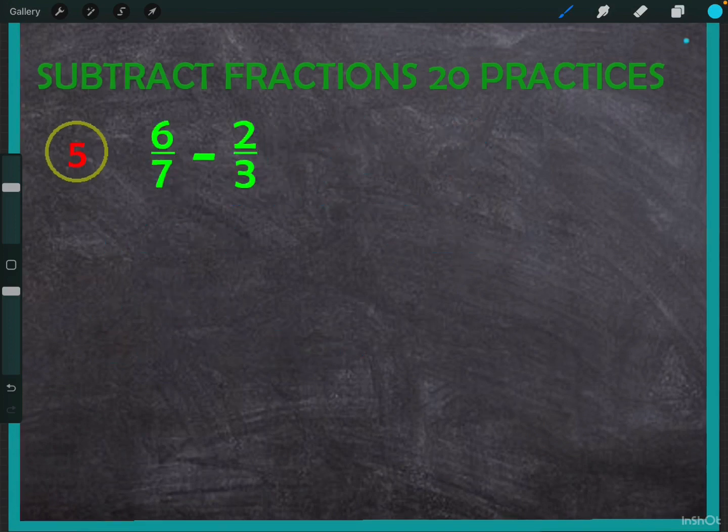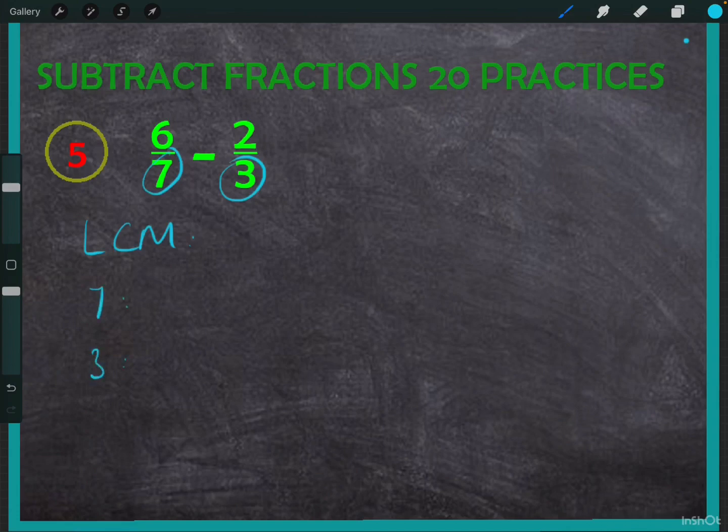Practice number 5, 6 over 7 subtract 2 over 3. These two fractions have different denominators, 7 and 3, so we will find the LCM for 7 and 3.